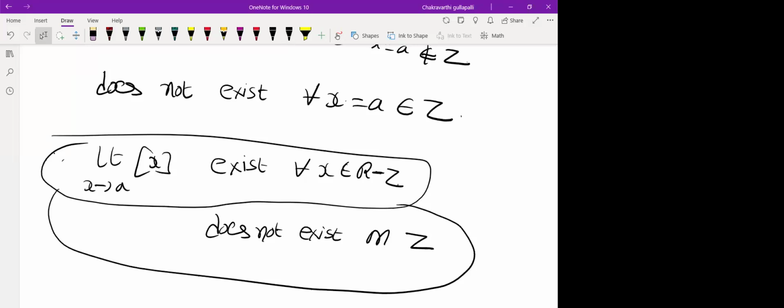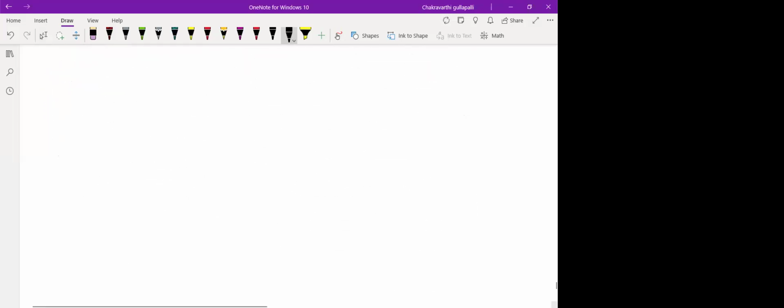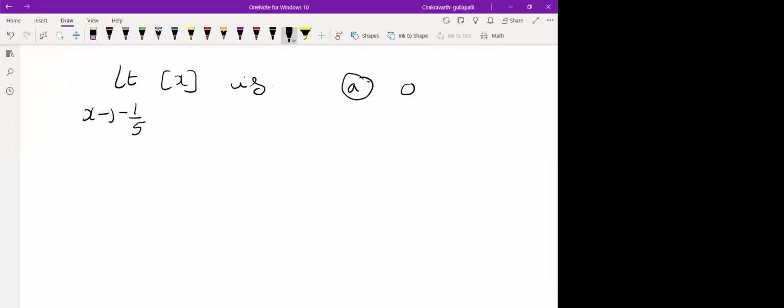Okay. So now I'll give you one question. Limit x approaching -1/5 of box x is? చెప్తారా ఎవరైనా? 0, does not exist.